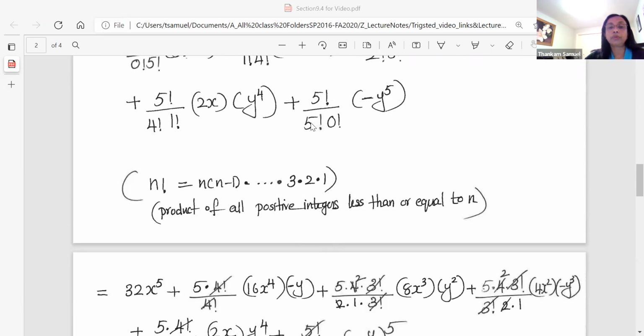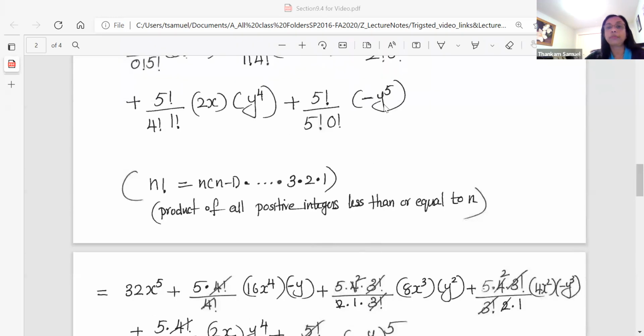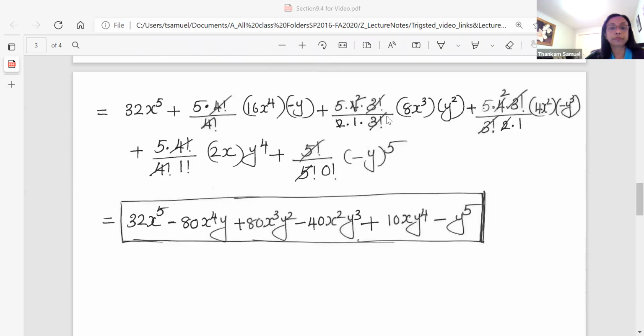The 5 factorial in the numerator and denominator will cancel each other. We have 0 factorial in the denominator. This is 1. And this term is negative y to the 5th, since negative y, the whole quantity to the 5th, is negative y to the 5th.